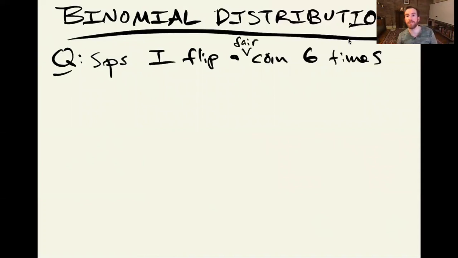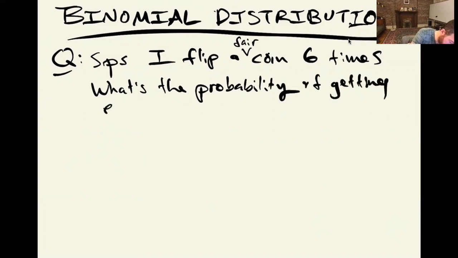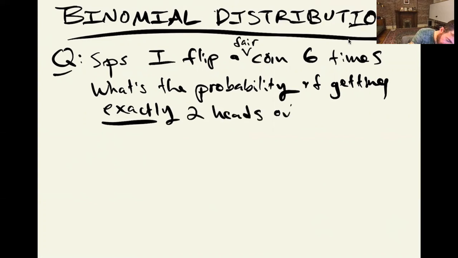So that means that the probability of heads or tails is equal. What's the probability of getting exactly 2 heads out of 6 flips?